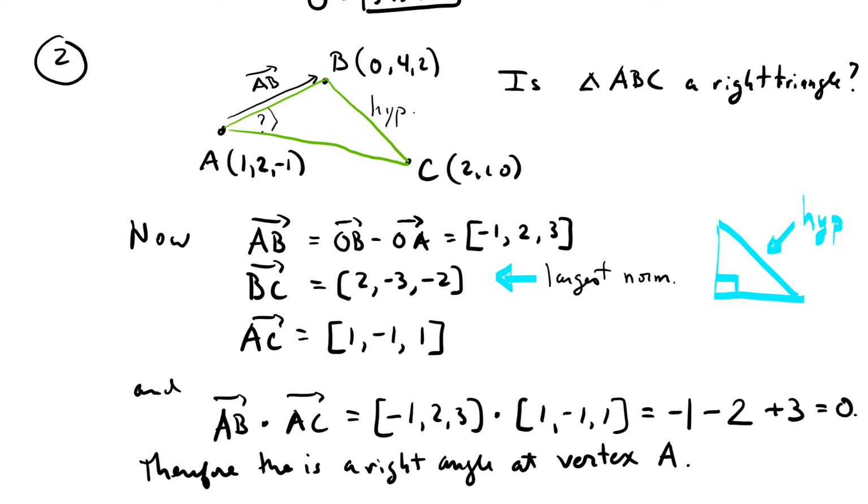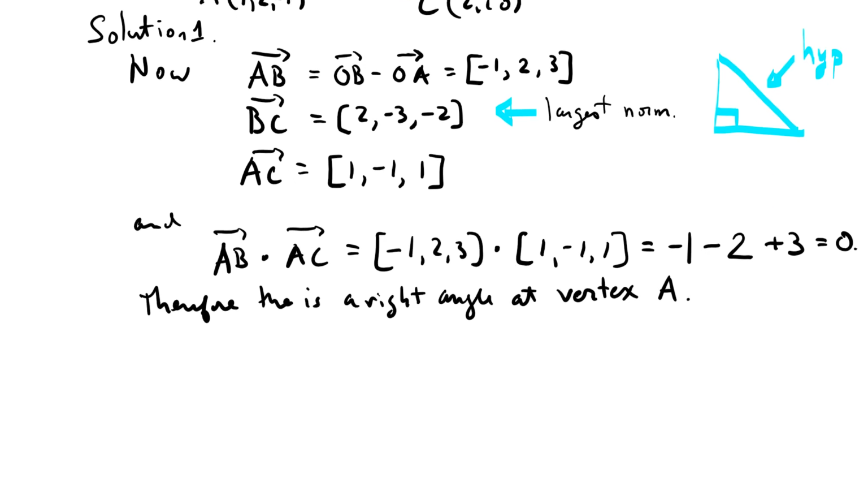So I don't know if you thought about a different solution. This is solution 1. In the past, I've had smart students giving me a second type of solution. And what they have done is they have verified the Pythagorean theorem.